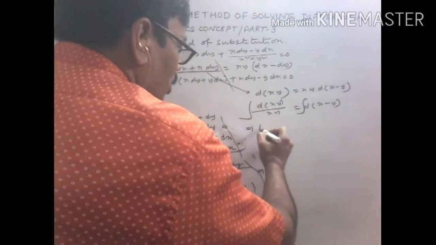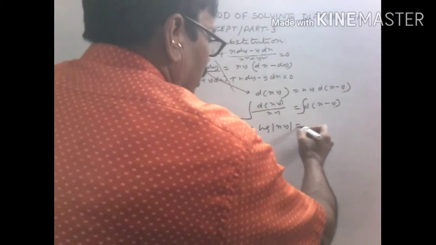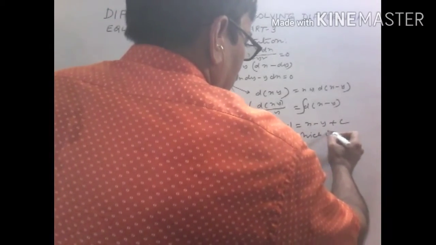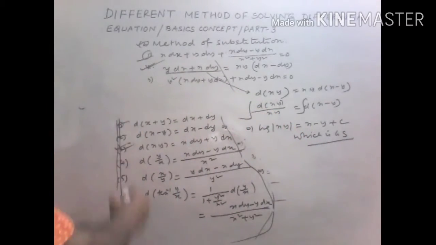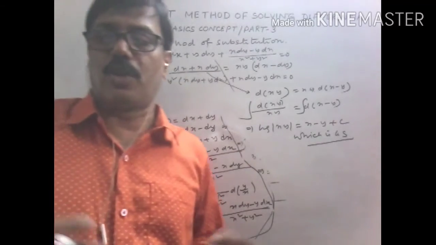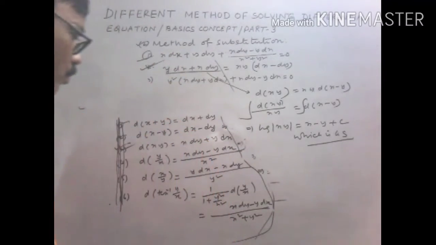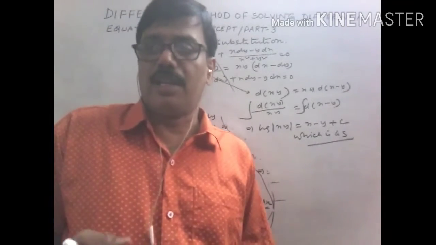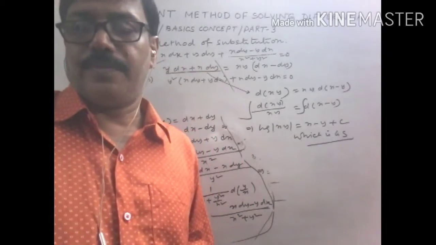So dx by x, so you know this is log xy equals x minus y plus c, which is the general solution. So these are most important results. You can solve many problems of competitive examination if you recall these results, by giving least effort.